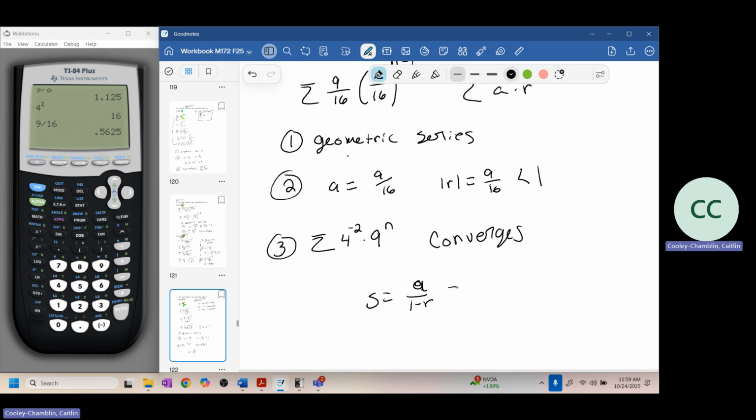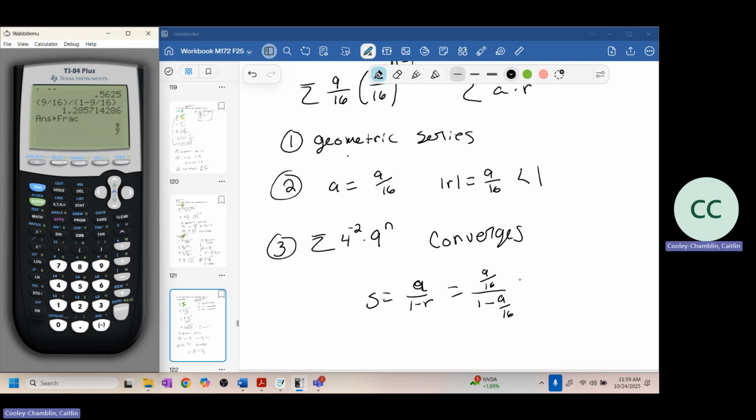I apologize. So for this one, we get 9/16 over 1 minus 9/16. This one's not very handy, so handy dandy calculator, 9/16 divided by 1 minus 9/16. Let's get a fraction for that.